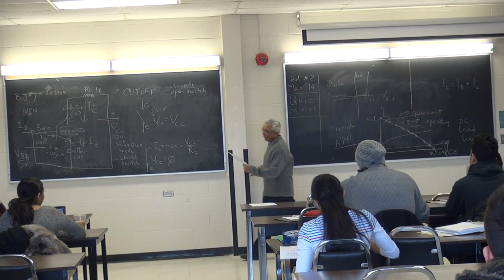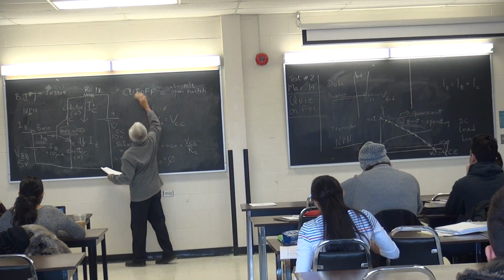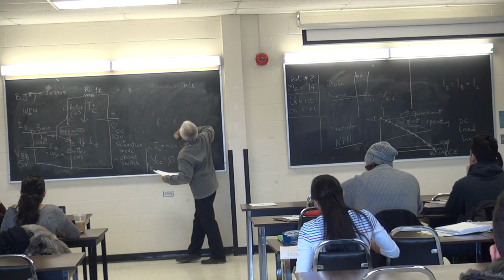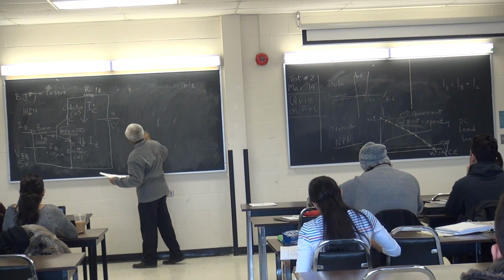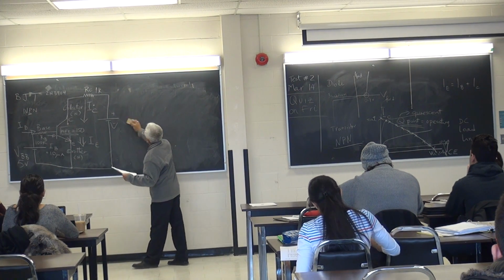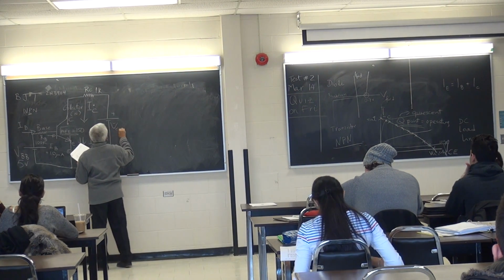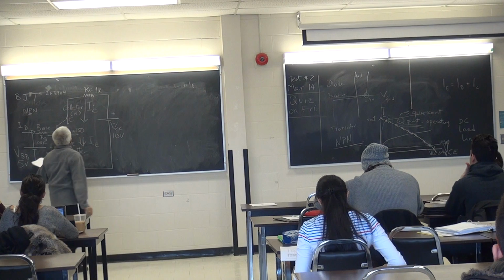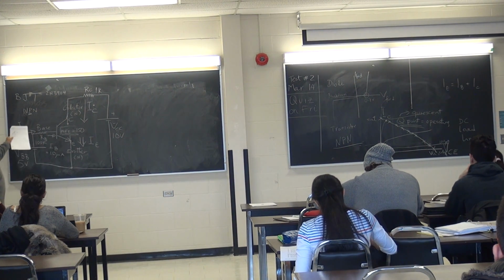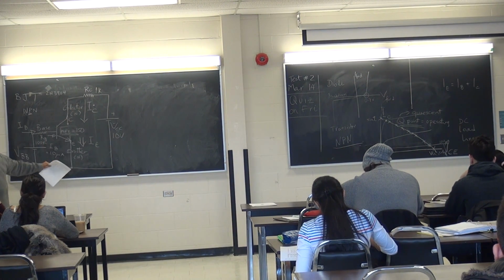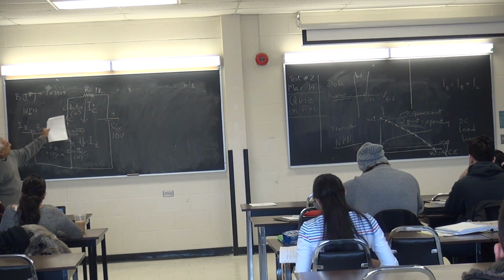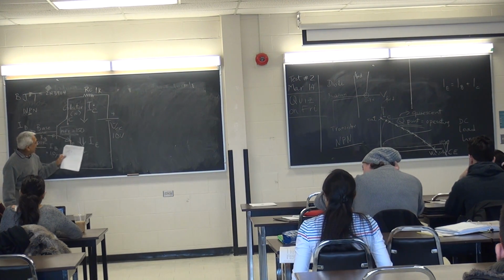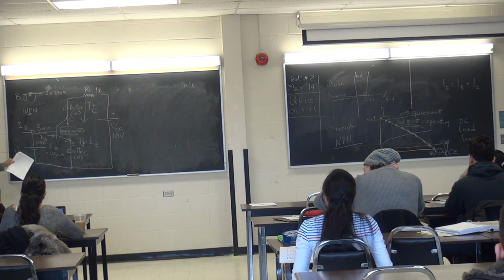So the first calculation is IB. IB, this current here. So what we're going to do is look at this left circuit in isolation. Do not look at the circuit on the right, just look at this circuit over here.